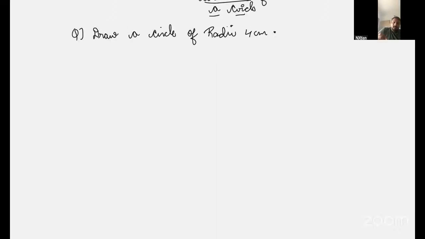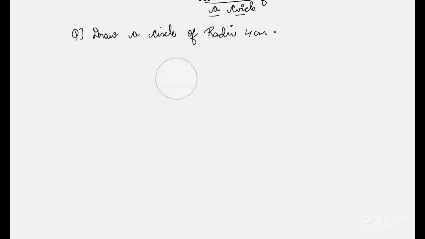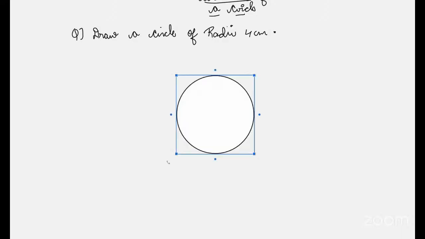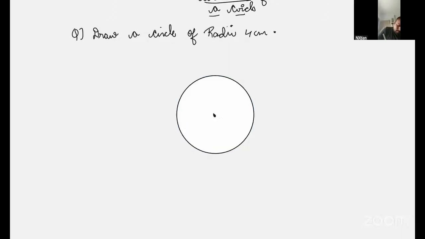How will you draw this? You have to measure 4 centimeters, like put the needle on 0 and the pencil on 4, and then put your needle down and make a circle. Are you getting this, guys? Miraculin? Yes, sir.